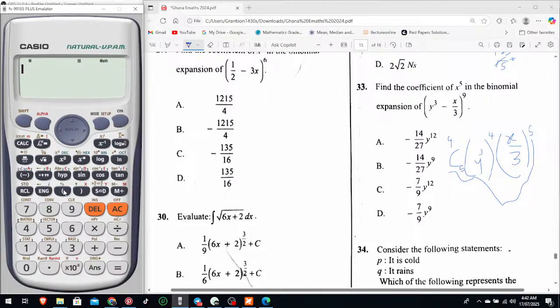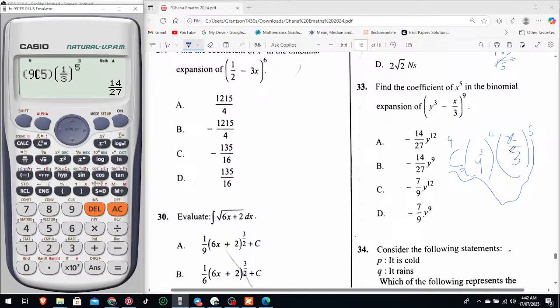So now let's do it. 9 combination 5 is 126. Multiply by 1 over 3 exponent 5, because the y coefficient is 1, but the x coefficient is 1 over 3. So do it straightforwardly: 126 over 243, which simplifies to 14 over 27.